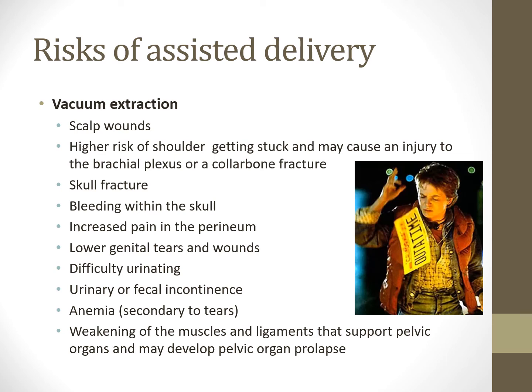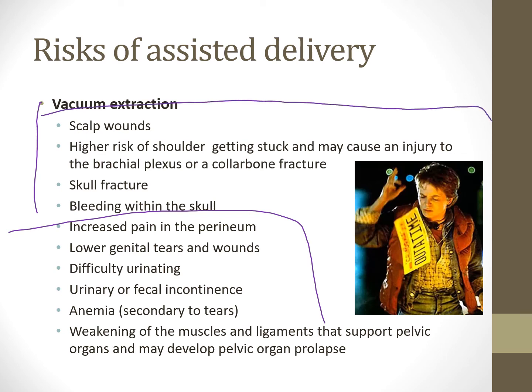It might cause injury to the brachial plexus, or the collarbone might be stuck and fracture. Skull fracture could in theory happen. Have I ever seen it? No. Bleeding within the skull, of course, when you're putting the suction cup to the top of their skull, of course they can get a hematoma there. Increased pain for mom. So all this stuff down here is going to be mom. All the stuff up here is going to be baby. So baby.